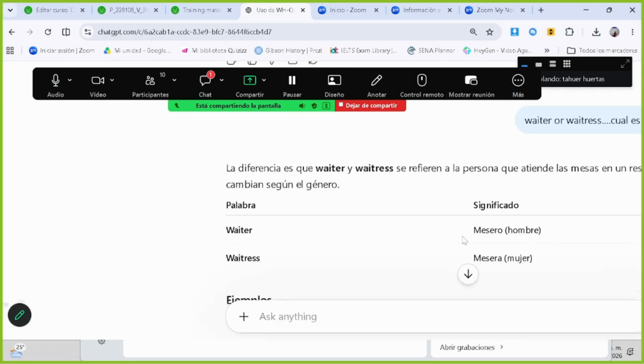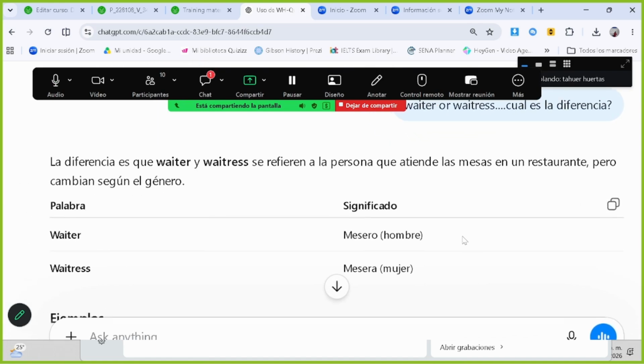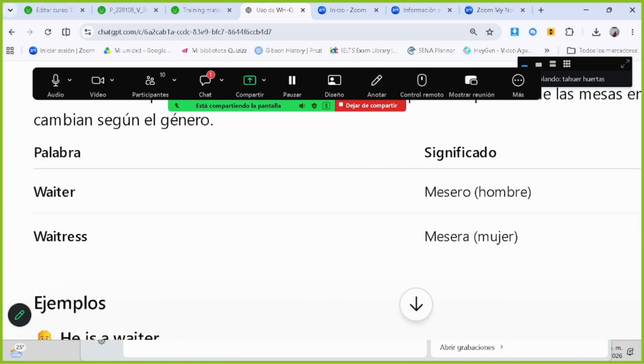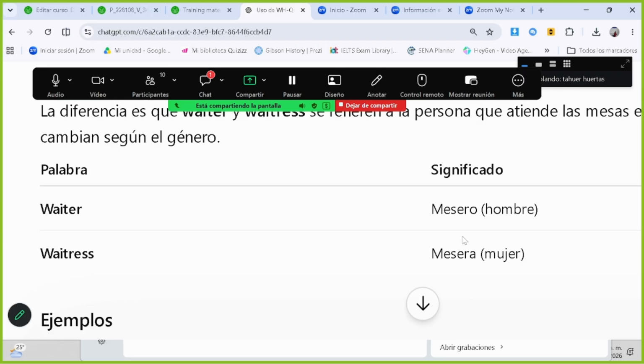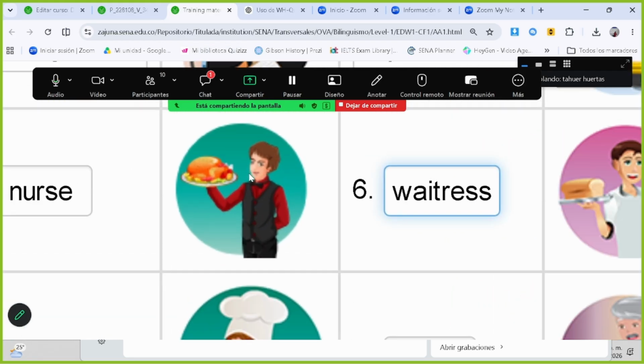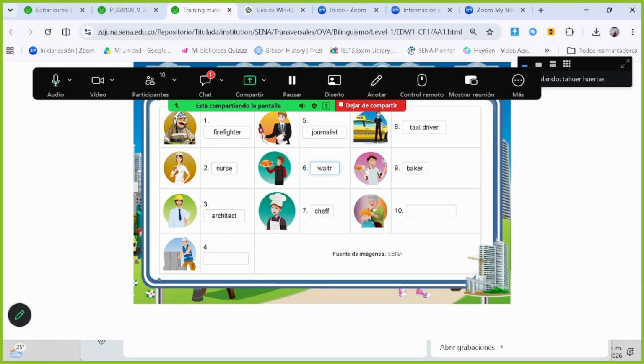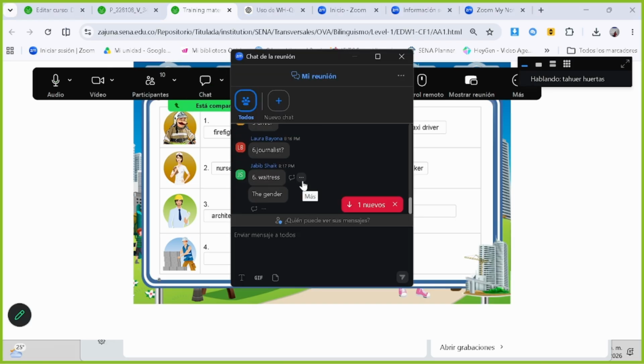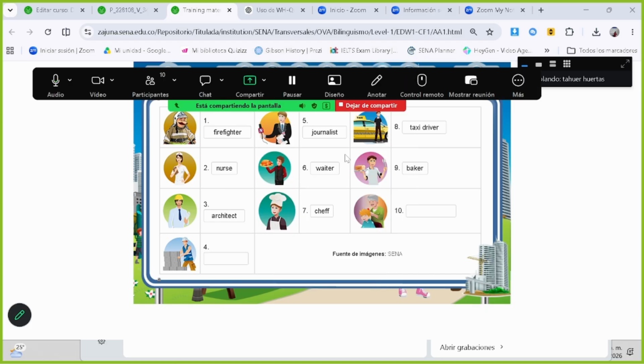Waiter is a man. Waitress is a woman. That is the difference. Okay? Waiter and waitress. So this person is a man, so it's waiter. The gender. Correct, Javid, that's the difference. The waiter is a man, the waitress is a woman. Tell me, number 4, number 10.